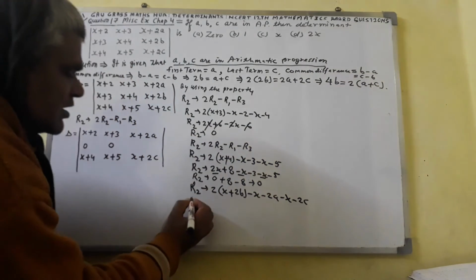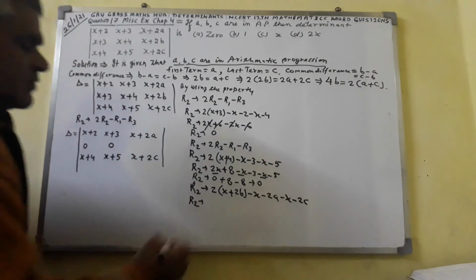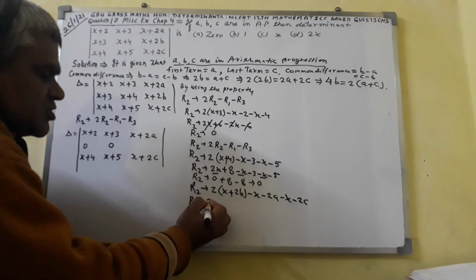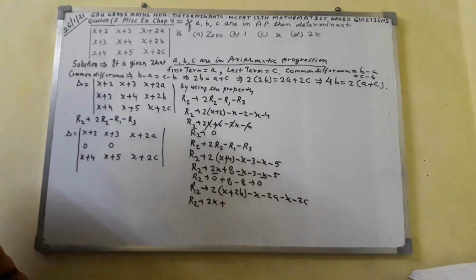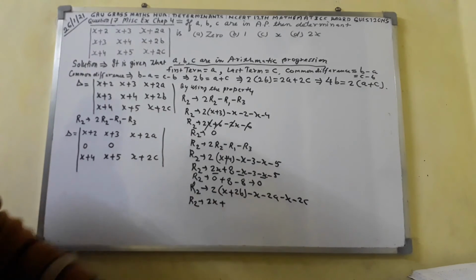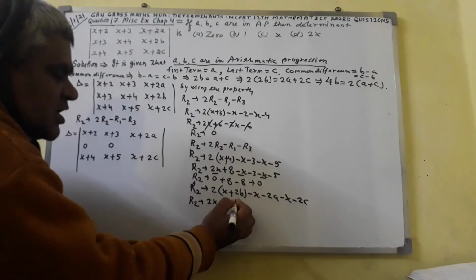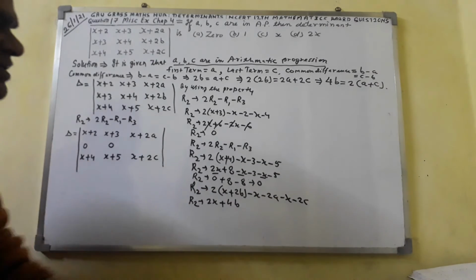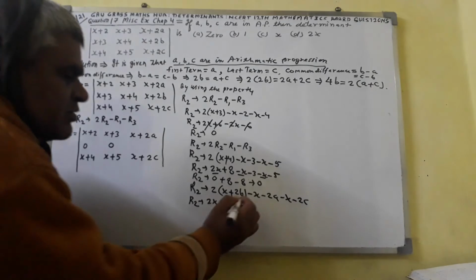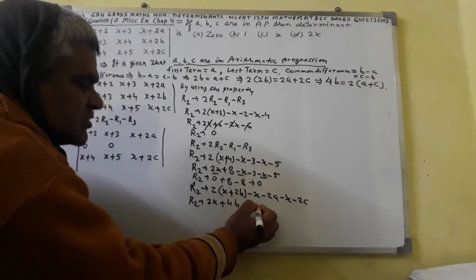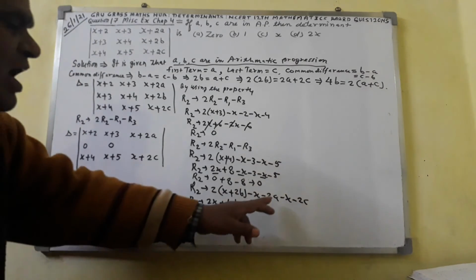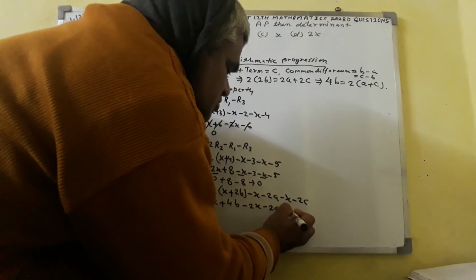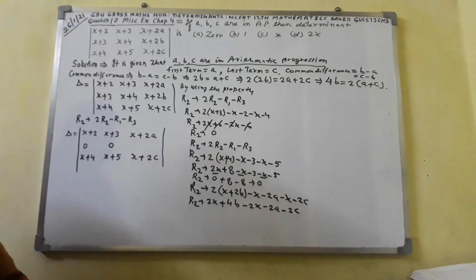So here you will get R2 goes to 2 multiplied by x, comes out to 2x, plus 2 multiplied by 2b, comes out to 4b. So here write 4b. Minus x added together, you will get minus 2x. And minus 2a I shall write here, minus 2a minus 2c I shall write like this.